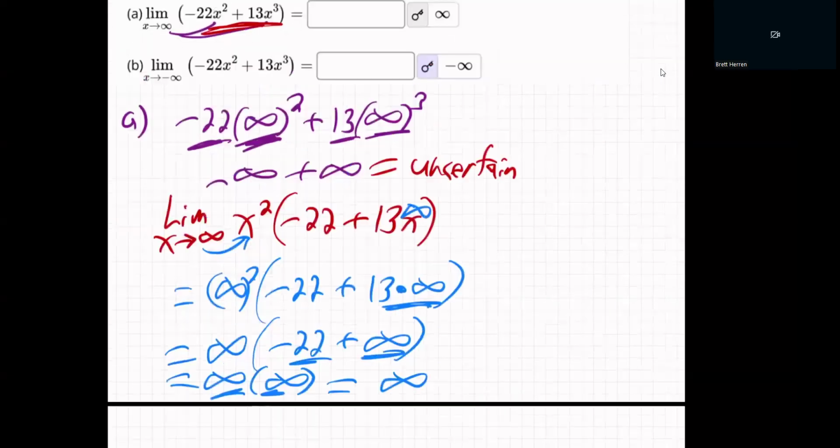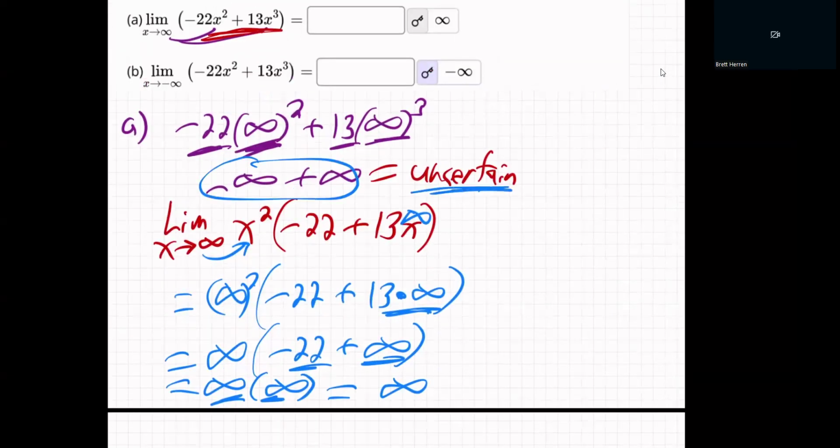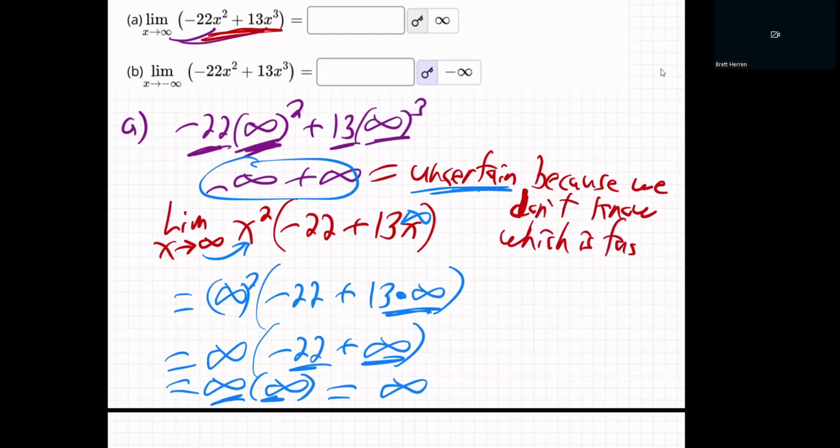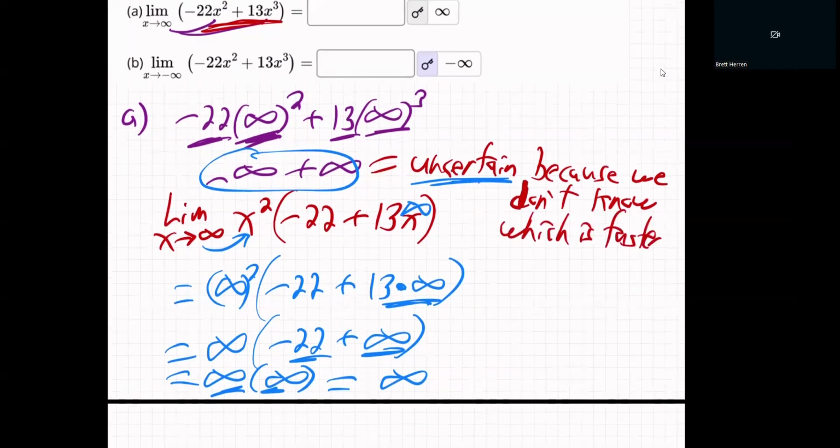Up here, infinity minus infinity, that's uncertain because we don't know which is going to infinity faster.